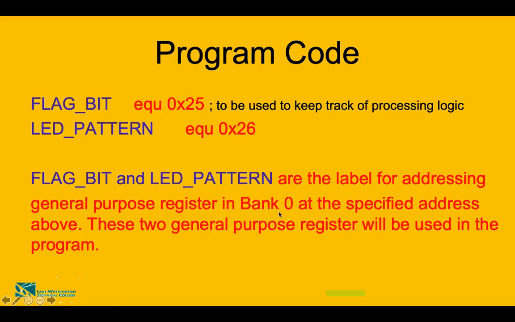If you have any doubt, you can see bank 0 and see how many registers are there in it. You can find this bank 0 in the data sheet of the microcontroller which you are using, and there you can see that at these addresses they are general purpose registers, and you can use whatever name you want. I have used flag underscore bit and LED underscore pattern for my program. So at the specified addresses in bank 0, these two general purpose registers will be used in the program.